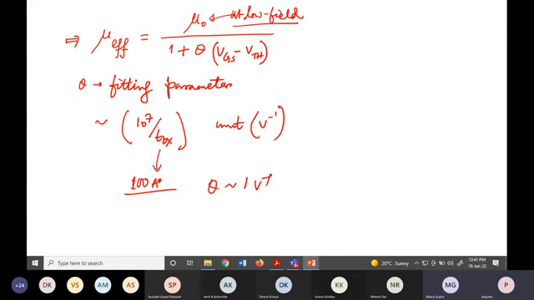This has an effect on the IDS current-voltage relationship of the MOSFET.